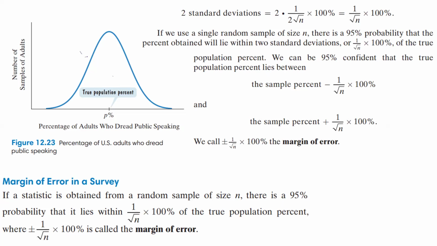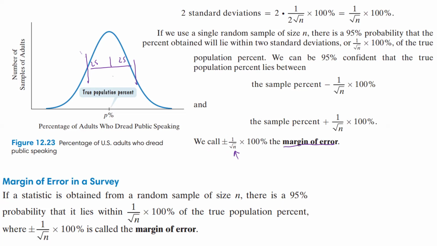It's going to be somewhere between here and here, which is 2 standard deviations away from the mean in either direction. We call that plus or minus 1 over the square root of n times 100% the margin of error. We just plug in our n, which is our sample size, and we can get the margin of error.